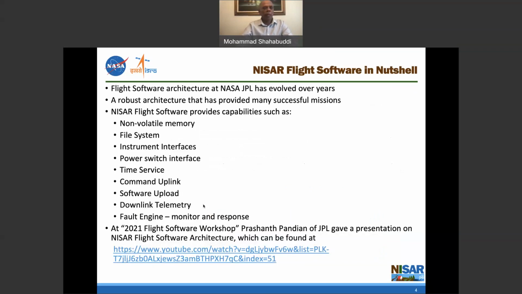Flight software architecture at NASA JPL has evolved over many years. It is a robust architecture that has provided many successful missions.